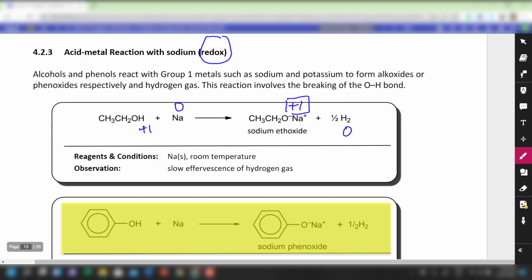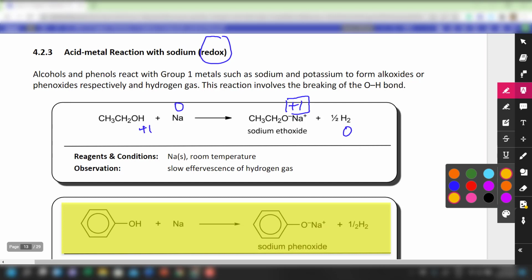So in fact, this is a redox reaction. Contrary to popular belief, the ethoxy group, nothing has changed. It did not undergo oxidation or reduction. It is simply a single electron transfer between the sodium and the protonic hydrogen.